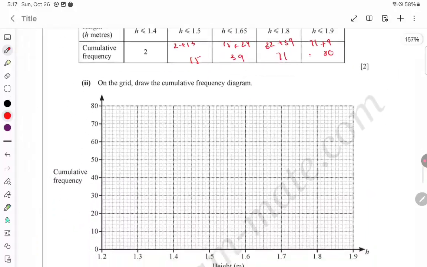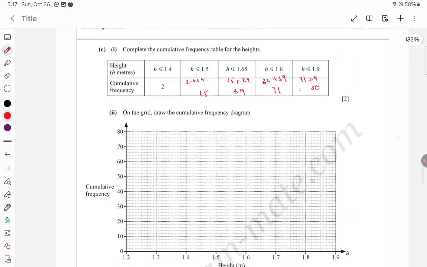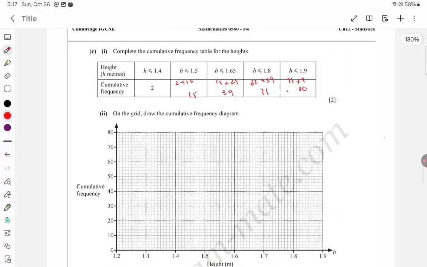Now simply put the values. First form the points.